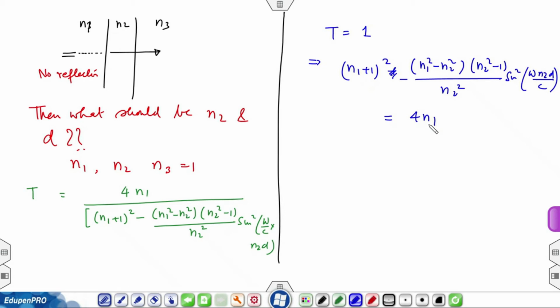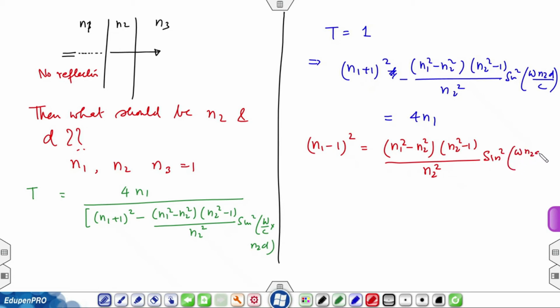You can bring 4 n1 to the other side and write this as (n1 − 1)² should be equal to (n1² − n2²)(n2² − 1) divided by n2² sin²(ω n2 d / c).